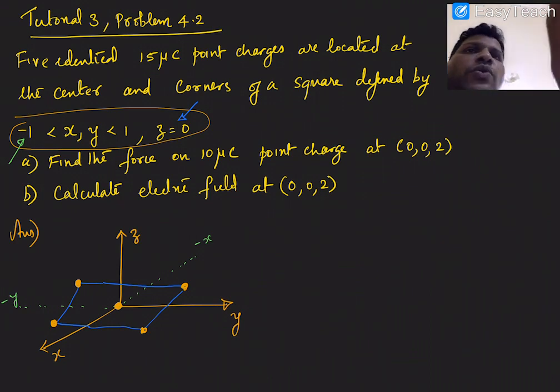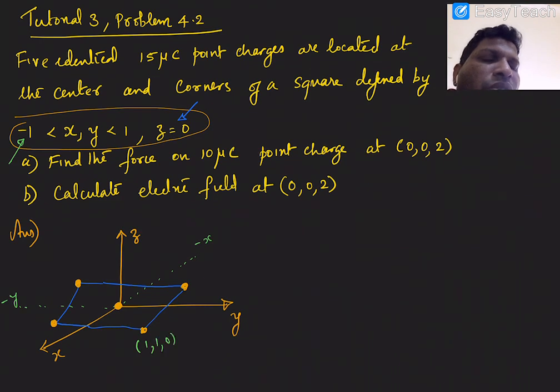Okay, now what are the coordinates for this? At this point, when x and y are positive, it is 1, 1, 0, because x is equal to 1, y is equal to 1 and z equal to 0. In the second point, x is negative because it is going in the -x direction, so -1, then y is positive, then z equal to 0.